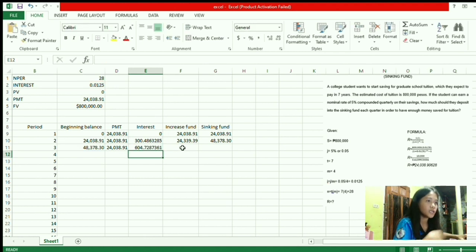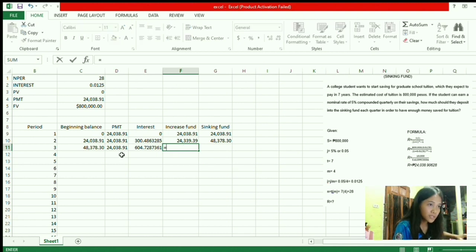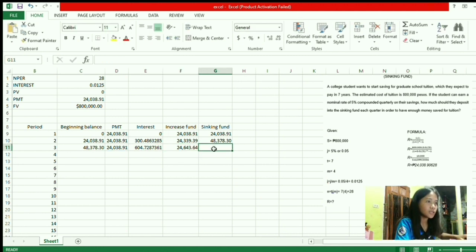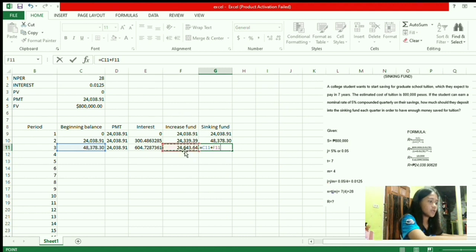Enter, and then to get the increase in fund, equals PMT plus the interest of the third period, and enter. To get the sinking fund, again equal sign and then the beginning balance of the third period plus the increase in fund of the third period, so enter.